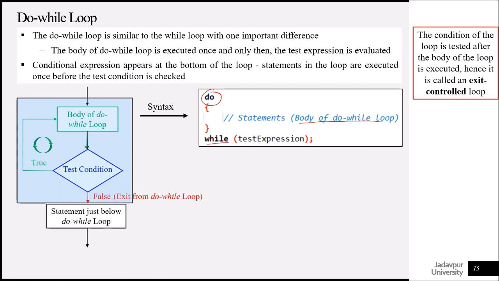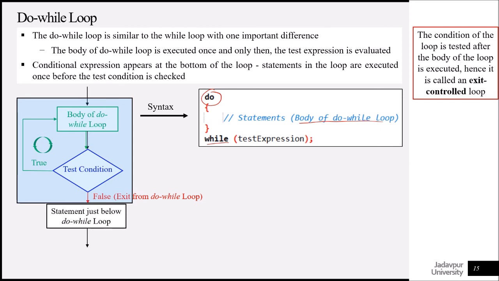So you can pretty easily understand that as control or execution comes from the top, all the statements within the body of the do while loop are executed first, and then only this while statement is encountered and evaluated.